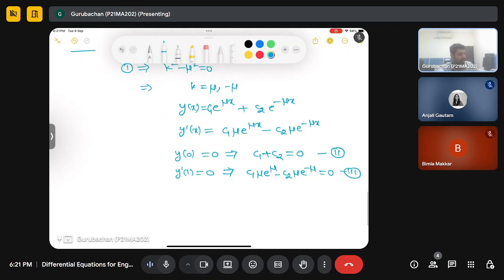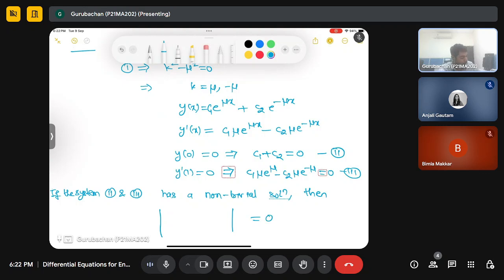So we are saying that if we want the second and third system to have a non-trivial solution, then the determinant must be 0. Okay. So what is the determinant here?